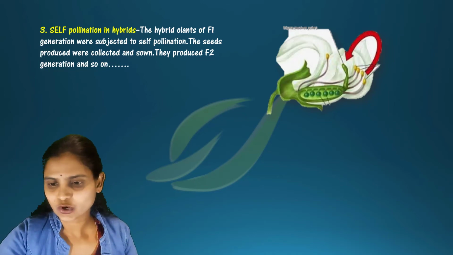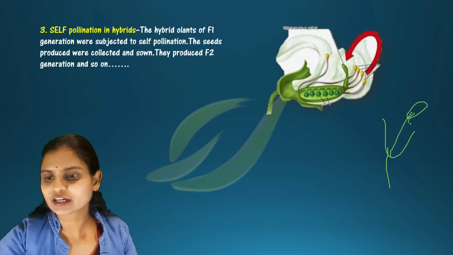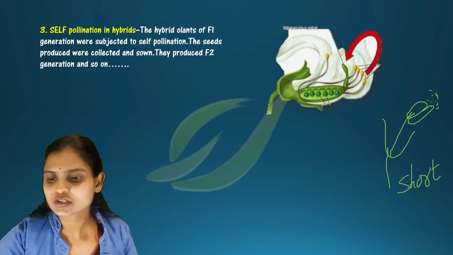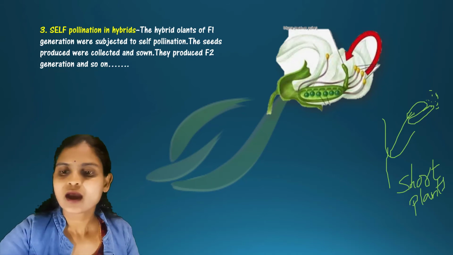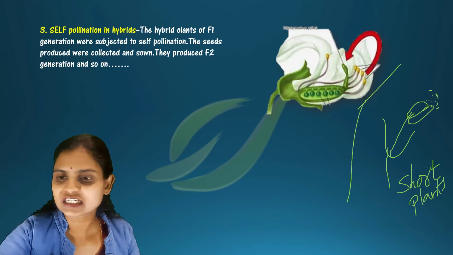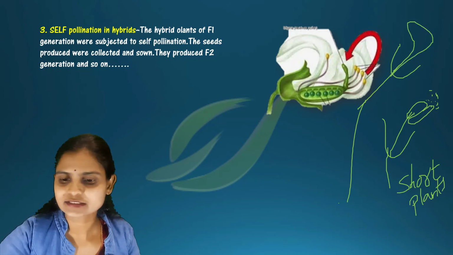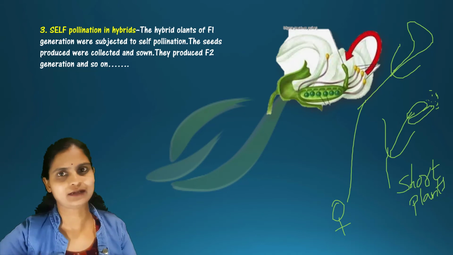I'll draw the pollen grain here. Whatever we have collected from the anther is the pollen grain of the short plant, and the flower we are considering here is the tall plant, which is considered the female plant.